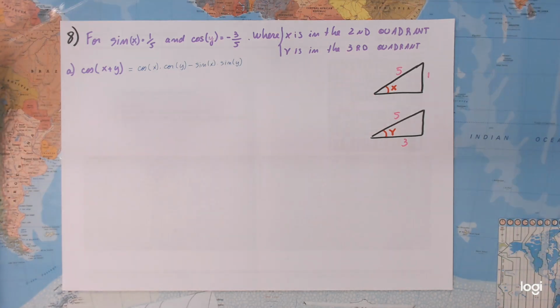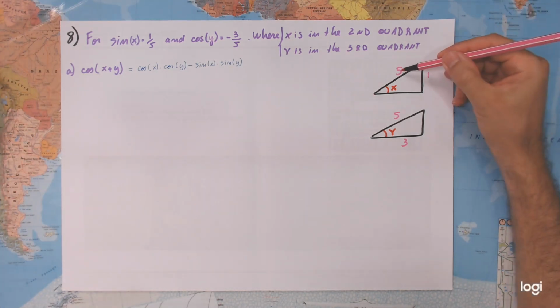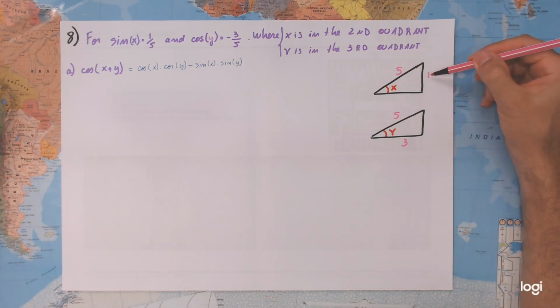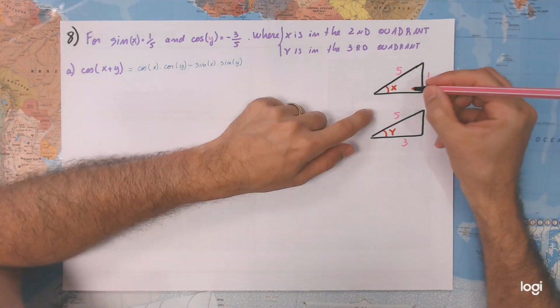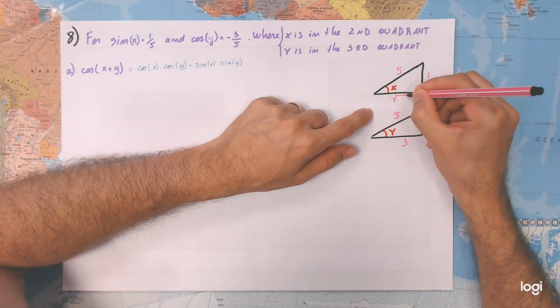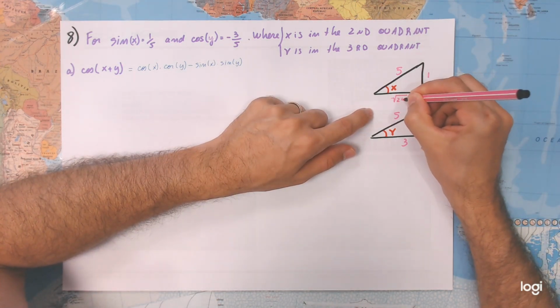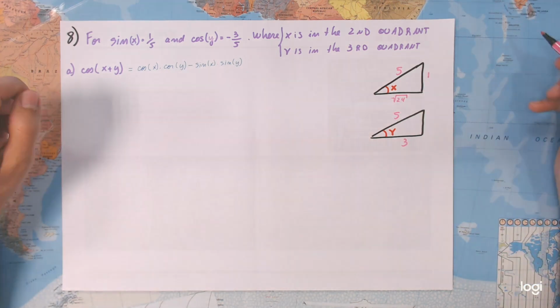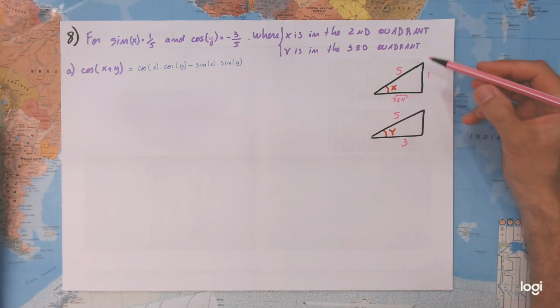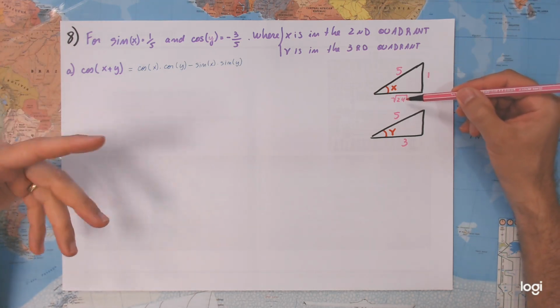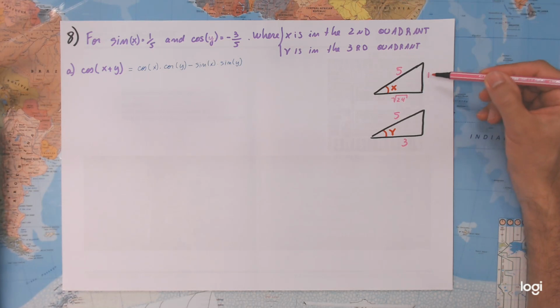Now, using Pythagoras, 5 squared equals 1 squared plus this one squared. It's not difficult to see that this is going to be square root of 24. If we square the square root of 24, we just get 24 plus 1, 25.